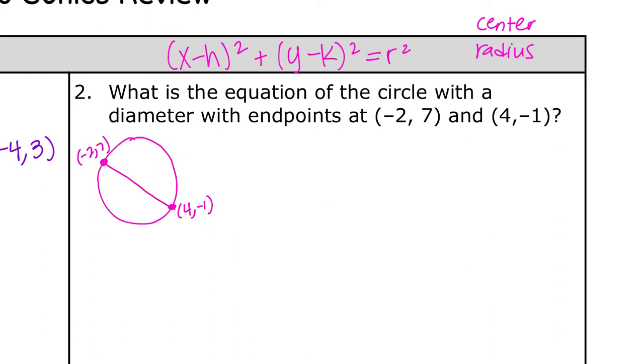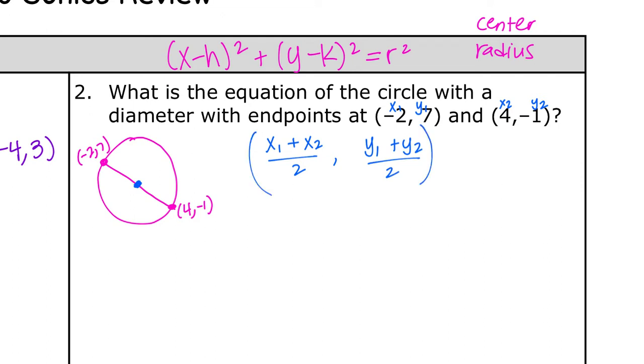So the first thing that we need to find is the center. So center is going to be exactly halfway between those 2 points. So to find the midpoint, we're going to label these points x1, y1, x2, y2. To find midpoint, you add up your x's and divide by 2, and then you add up your y's and divide by 2.